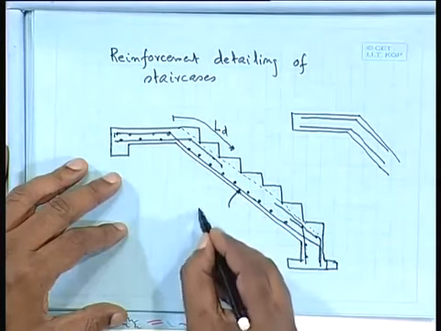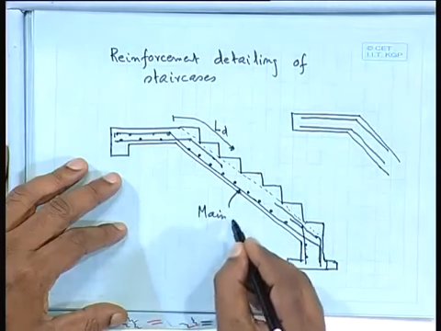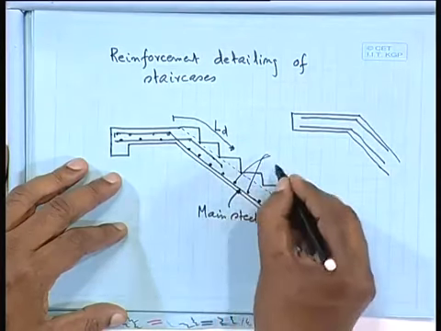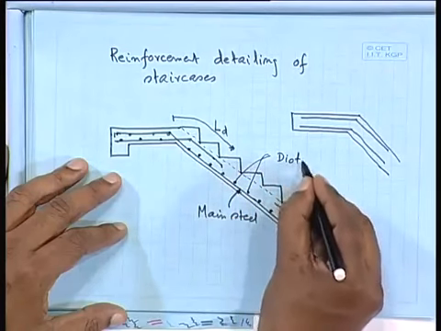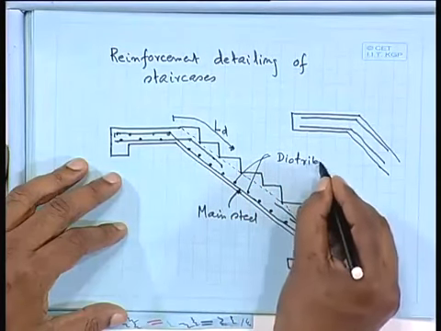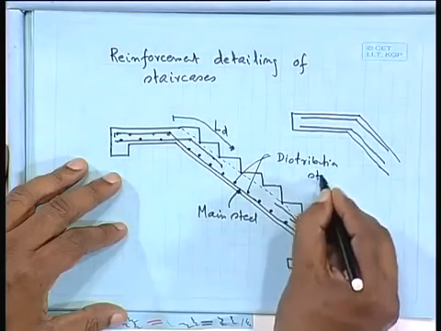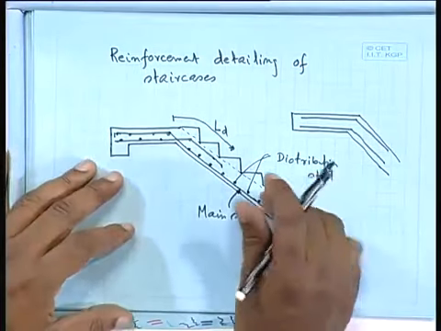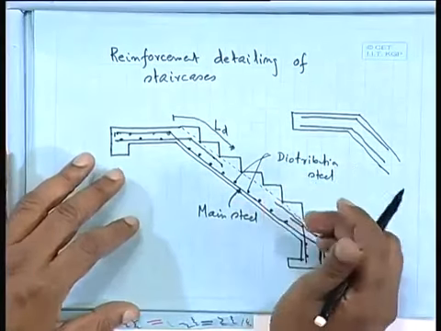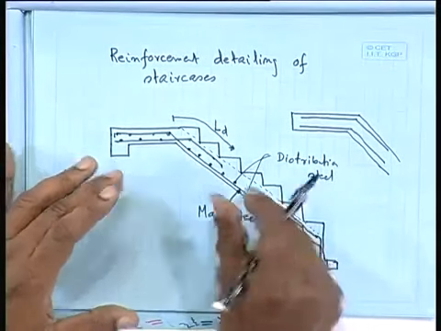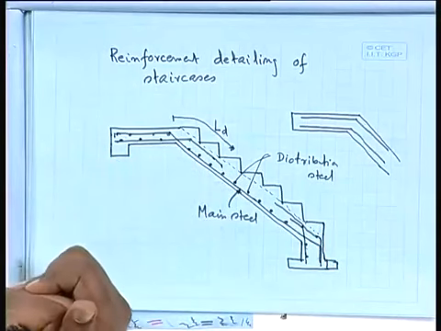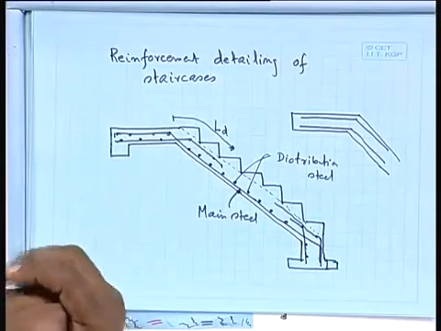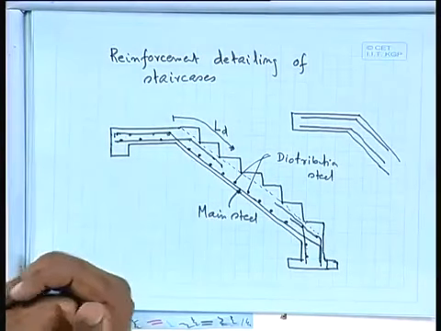This is called your main steel, and these are called distribution steel. The distribution steel will be 0.12% for a slab. Here I would like to say that for a slab it is 0.12% for the torsion steel. For a beam it is 0.85 by fy.